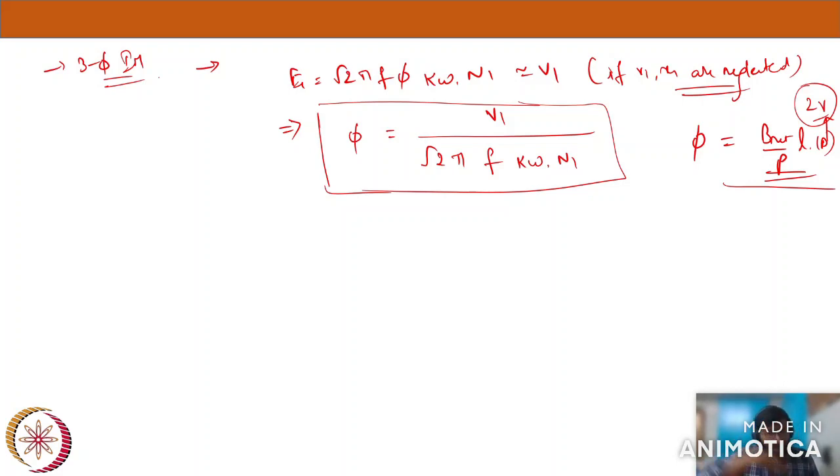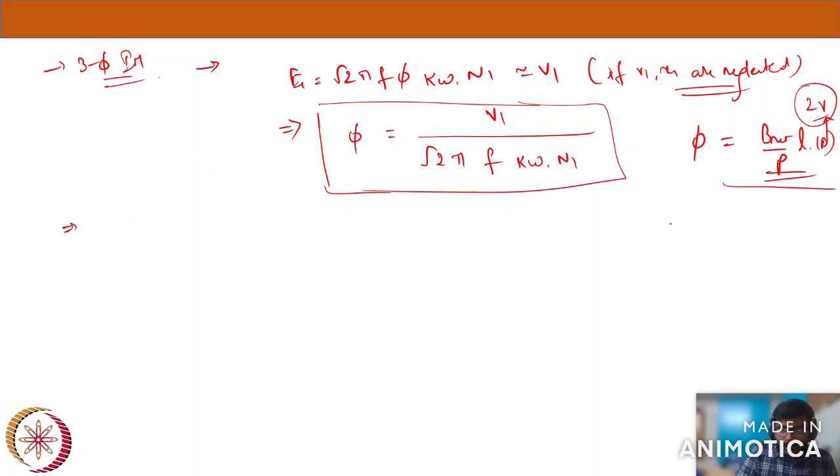So my primary side will be forced to draw I2 dash, just like we saw in the transformer, such that my MMF is taken care of. Again, the magnitude of this B net, the strength of my magnetic field, must remain the same, because this flux per pole should remain the same.